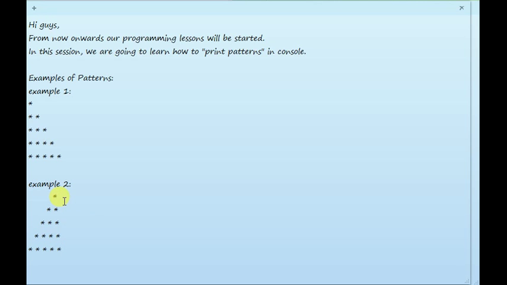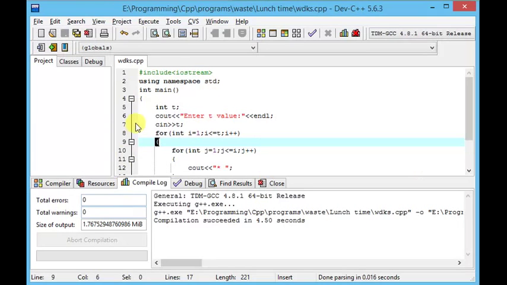The second example has all the same pattern like 1 2 3 4 5, but the positions are changed. First they contain some spaces and then they print the stars. So for this program I'm using the same logic as per the first program.